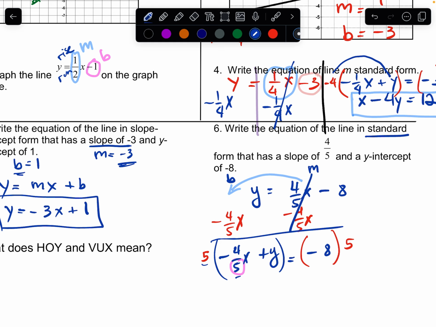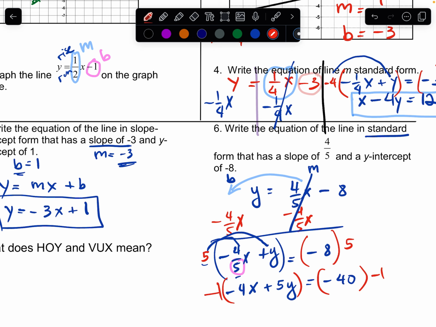So this becomes negative 4x, and then remember, you're going to distribute to the y as well, so that becomes plus 5y equals negative 40. Oh, and I forgot to get rid of my negative. I still have a negative in front of the x. So I can just multiply this by negative 1. I really should have just used negative 5 in the beginning. So let me just change the signs.